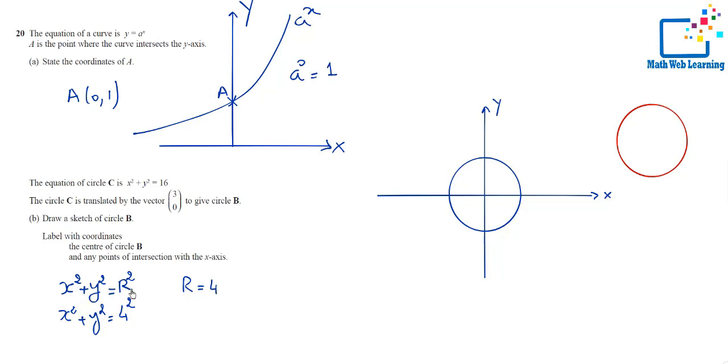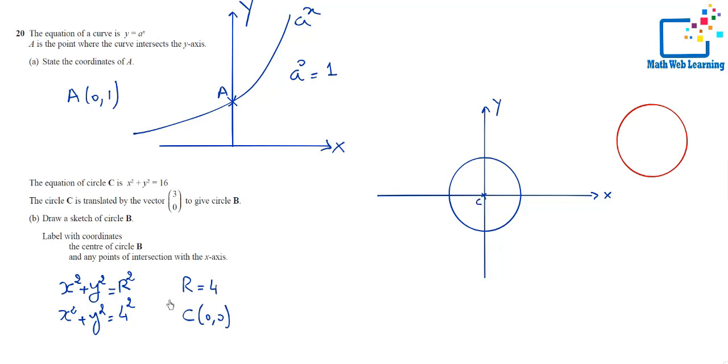Now for the center of this type of equation of circle, they have a center coordinate 0, 0, which is the origin in our grid. Okay, so let's call it C there.